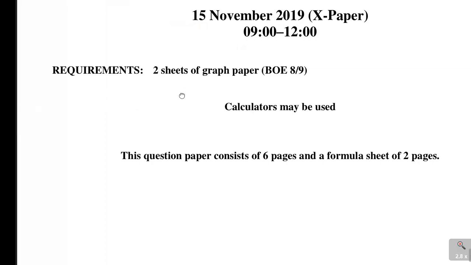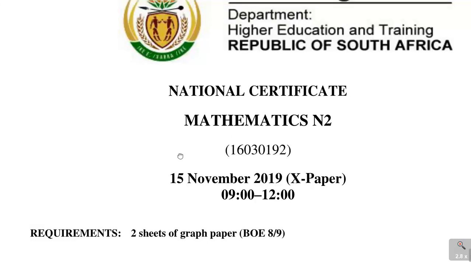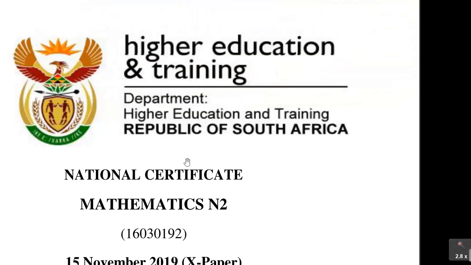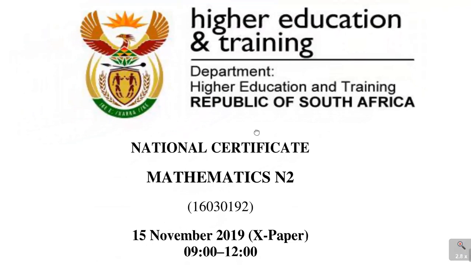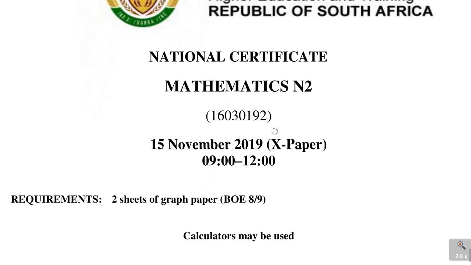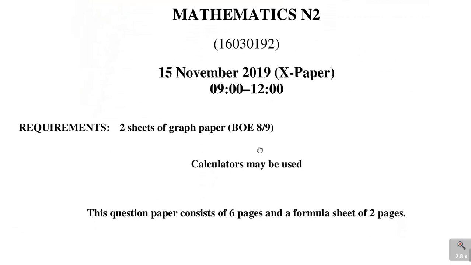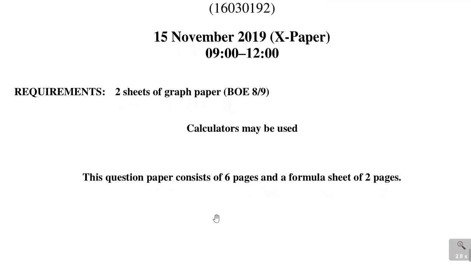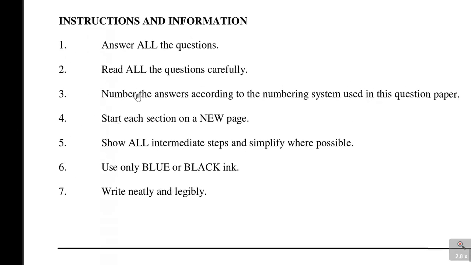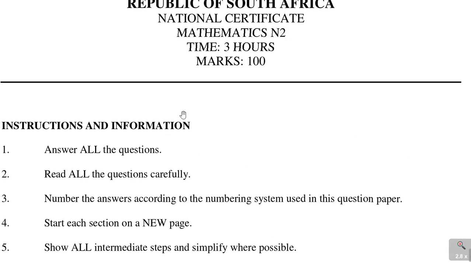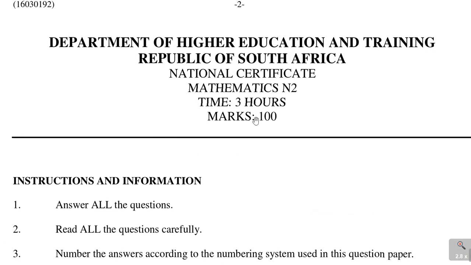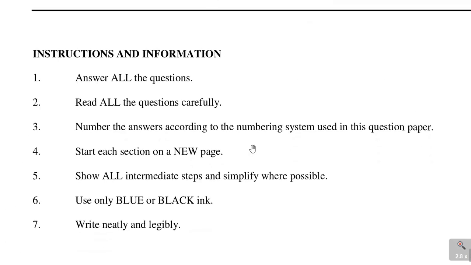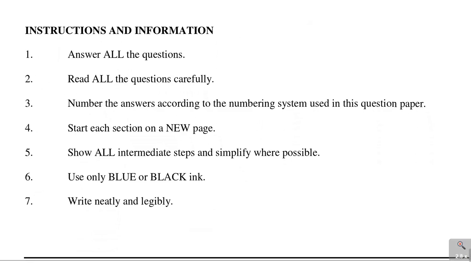It is a paper that was written on the 15th of November 2019, in the morning. Let us look at a few things before we commence. Remember, guys, it's important to know your instructions. It's a 3-hour paper out of 100 marks, and you need to answer all the questions.